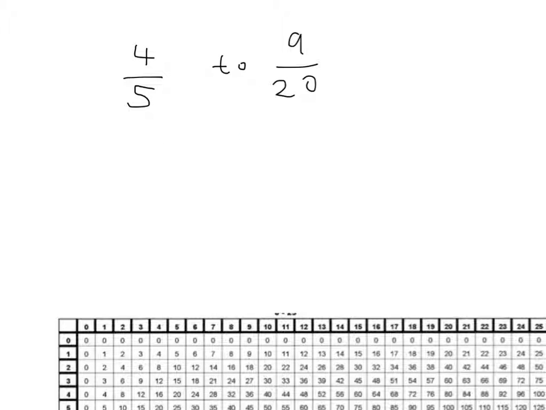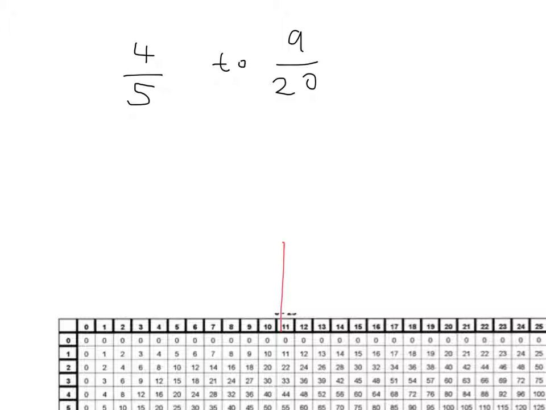Now, I can simply multiply 5 by 20 to make the denominators the same. But as we know with adding fractions, we need to find the lowest common multiple. That means we need to find the first multiple that the multiples of 5 and the multiples of 20 share.